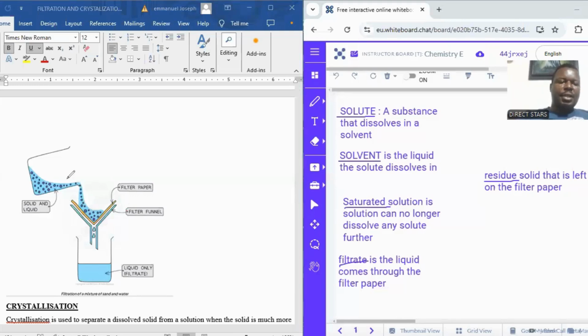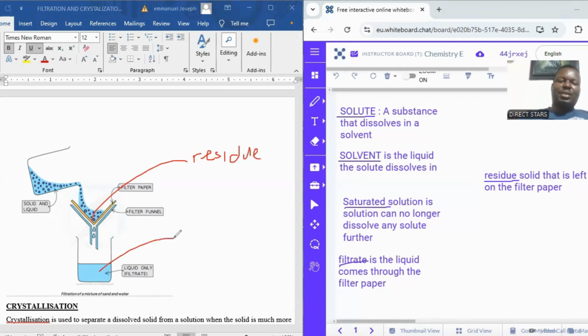Pouring this mixture, you can see these solid particles, some of them remain on the filter paper. These are known as your residue. So in the example I gave about starch or sand in water, you will see your starch or sand on the filter paper, while your water, the solvent, will pass through clear.